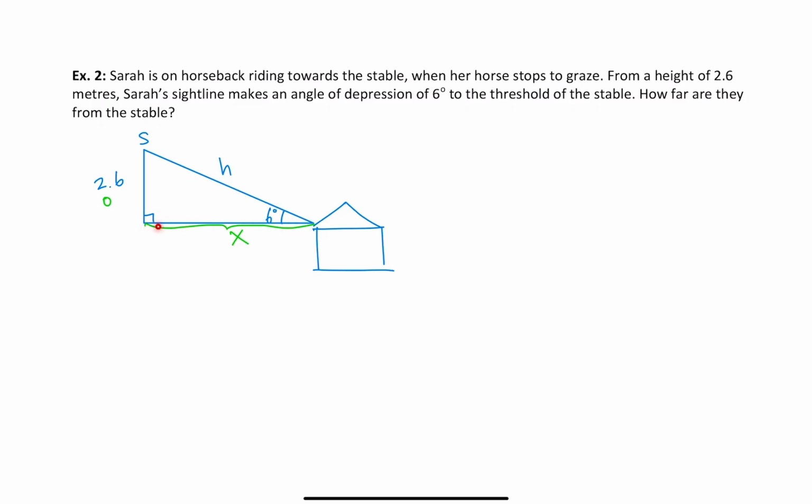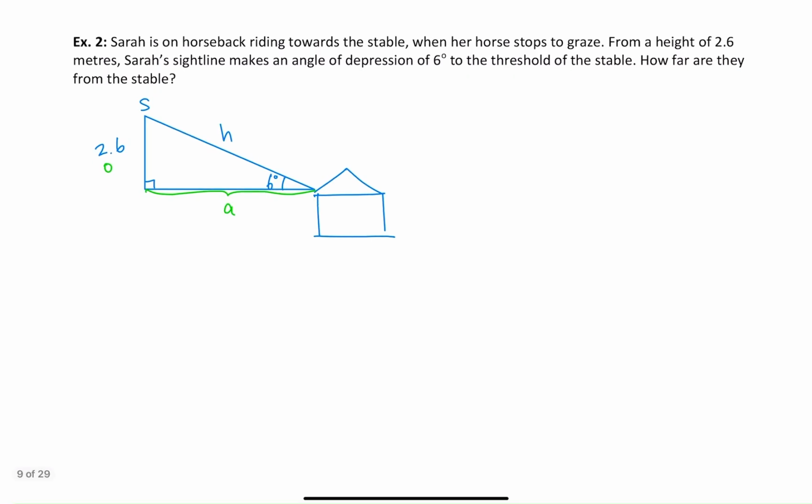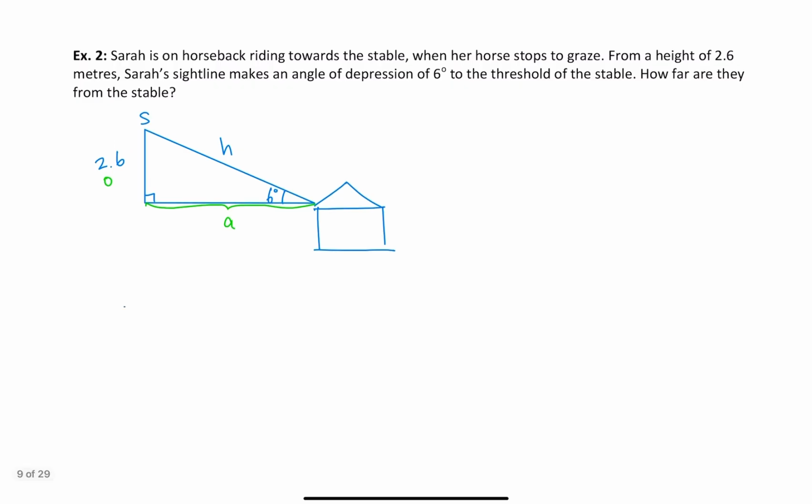And the side that we're looking for is our adjacent. So I'm just going to relabel it as A. So if we're given our opposite, trying to find our adjacent, which trig ratio do you think uses O and A? Pause for a moment to think. So we're going to need to use tan, because tan is opposite over adjacent. So we're looking at tan of 6 degrees is equal to opposite, which is 2.6, over adjacent.